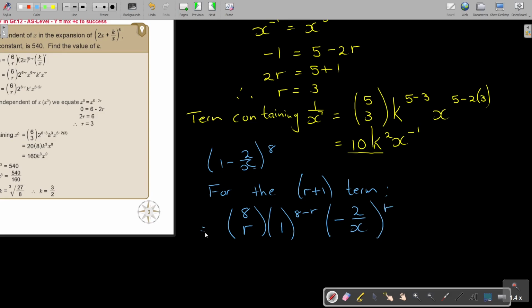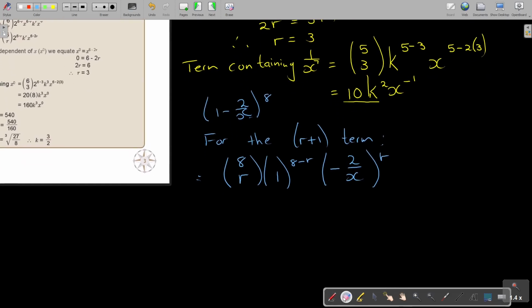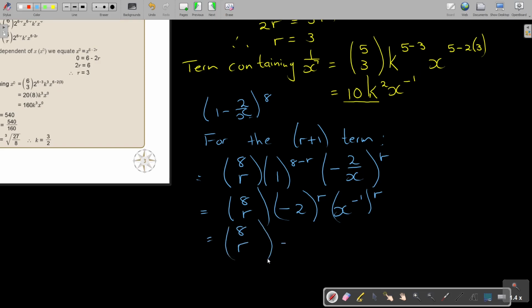Okay, so then I'm going to go, just get the pen. 8 choose r. Now 1, can you see it's just falling away because everything will just be 1. But I can say negative 2, so grab the sign there and then r. But then remember, if the x comes up, it's negative 1 and then it's r. And then I'm going to say 8 choose r, and this is going to be actually negative 2. Leave it like this. x to the power negative r.